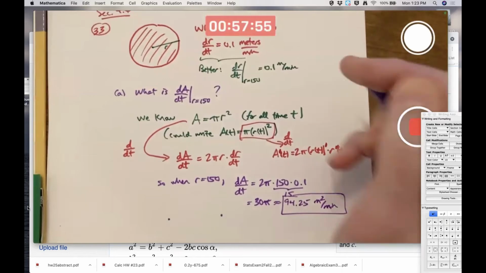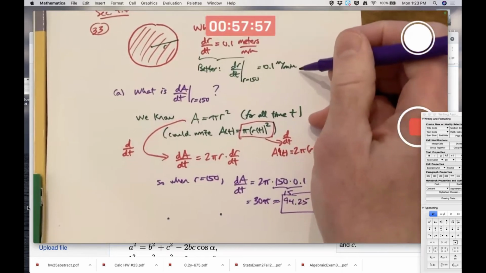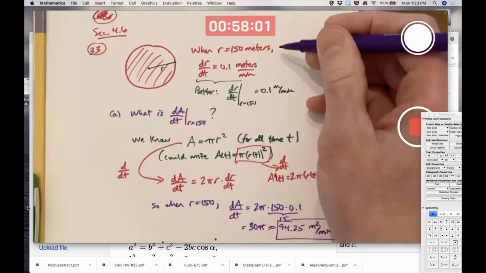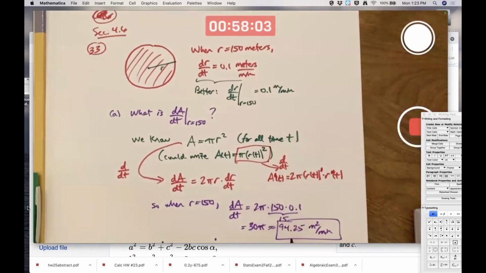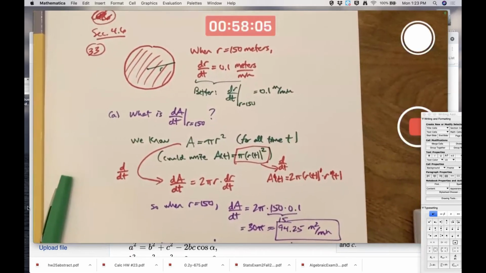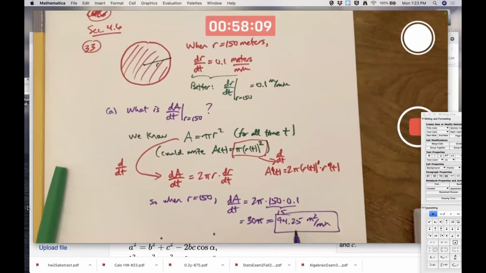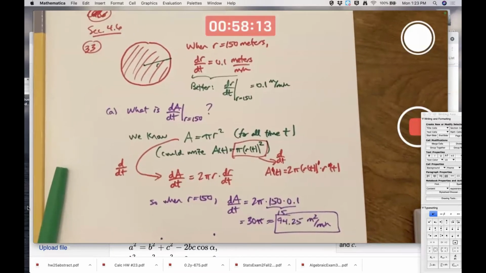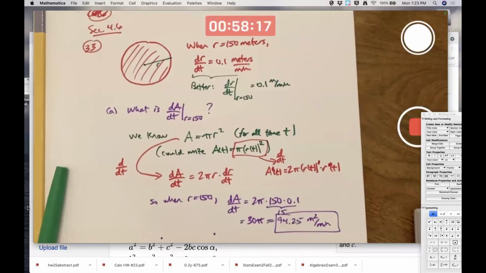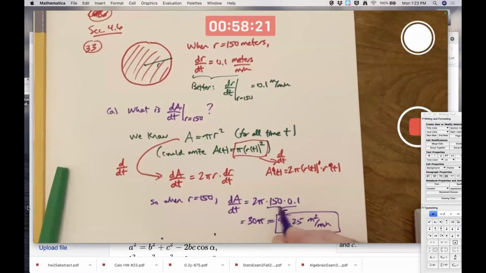So even though the rate at which the radius is increasing is very small, because the circle is already so big, the area is increasing at a pretty fast rate, it seems, numerically speaking. This is a much bigger number than that number. But it does look right. It doesn't look like I made a mistake here. It's a 15, by the way, that I was saying was equal to this product.